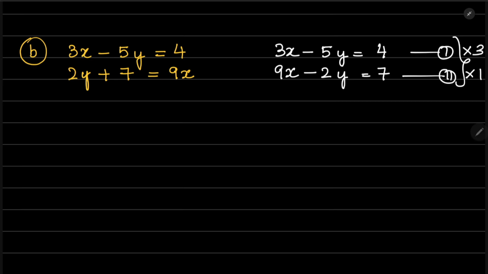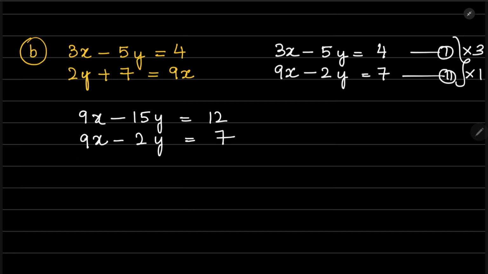So what will happen? The first equation will become, throughout all the elements have to be multiplied with 3. Okay, so what does it become? 3 into 3, 9x minus 15y equal to 12. And then below, there's no change. I have just multiplied with 1. So minus 2y equal to 7.